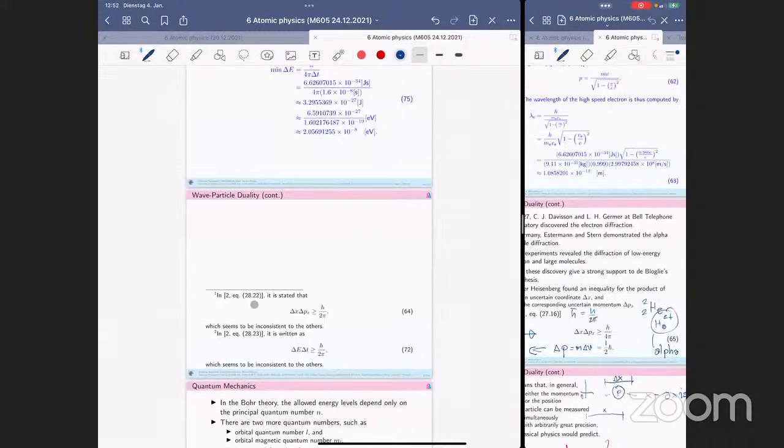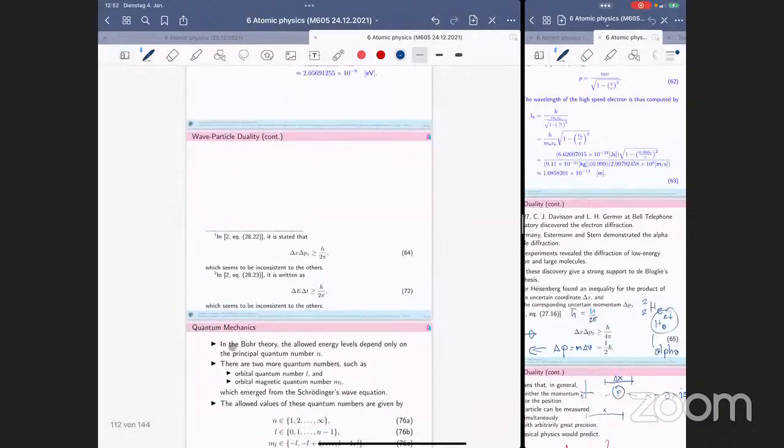In the book number 2, they say delta P is greater than h over 2 pi, and I found that it's not consistent with other references. For the uncertainty in terms of energy and time, it's also represented by h over 2 pi. It's not the case, because once we browse more references, it's only half the h-bar.